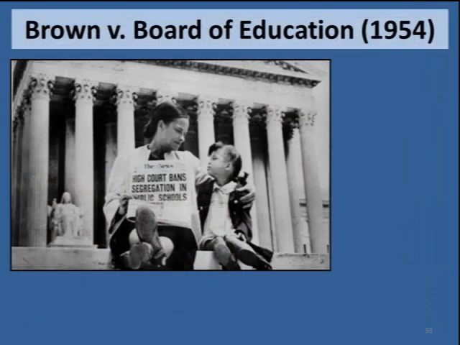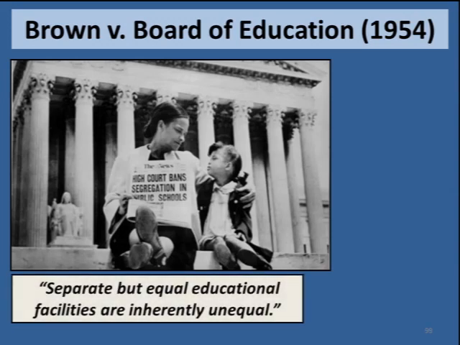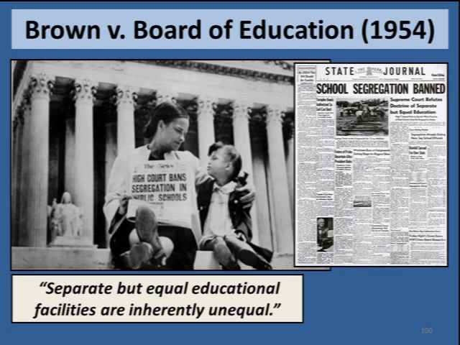In 1954, all 9 Supreme Court justices agreed and declared separate educational facilities are inherently unequal and therefore in violation of the Constitution. The Supreme Court's decision made school segregation illegal throughout the United States.